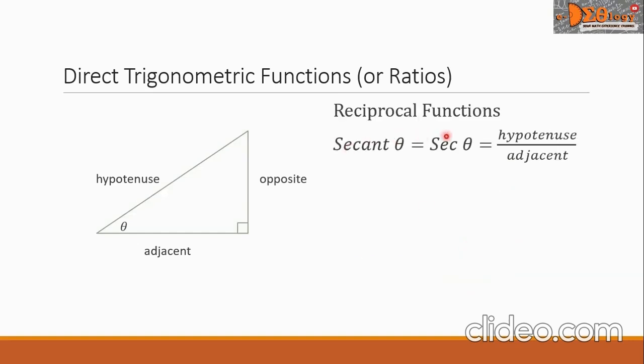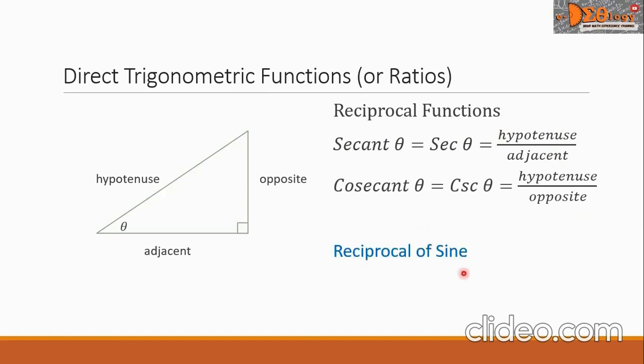We'll go now to reciprocal functions. Let's begin with secant theta, with a symbol SEC, and this is the ratio of hypotenuse over the adjacent side. This is called a reciprocal function because this is the reciprocal of cosine. The next function is cosecant theta, with a symbol CSC, and the ratio is hypotenuse over opposite side.